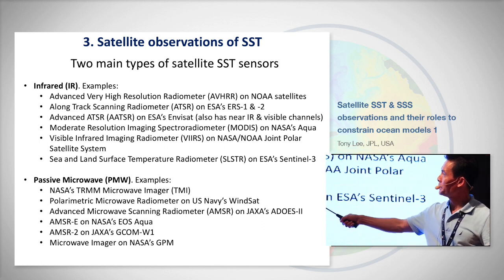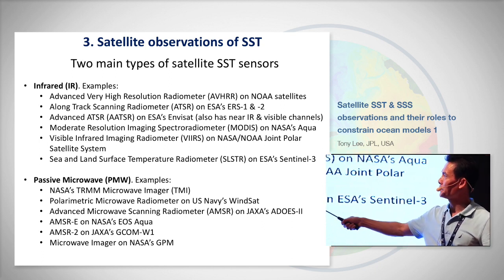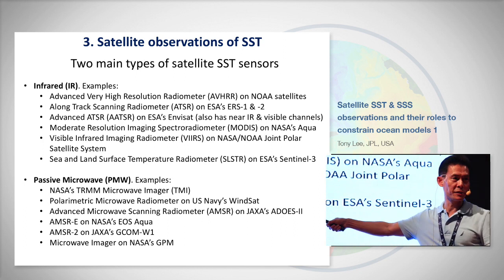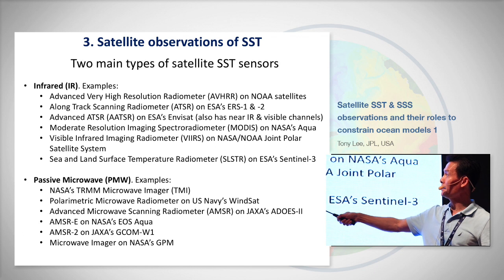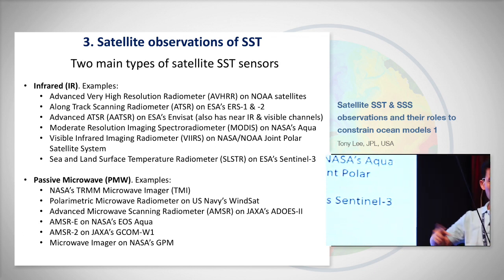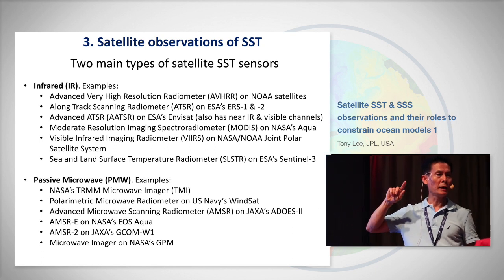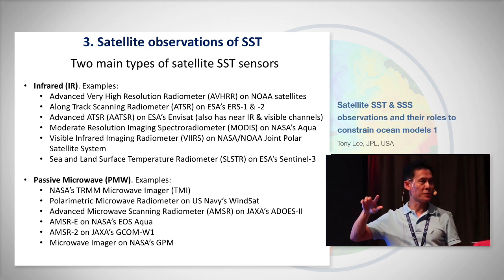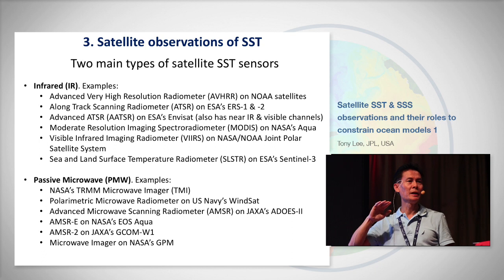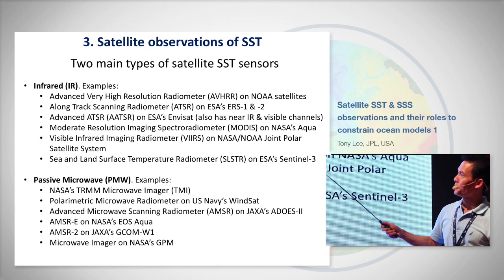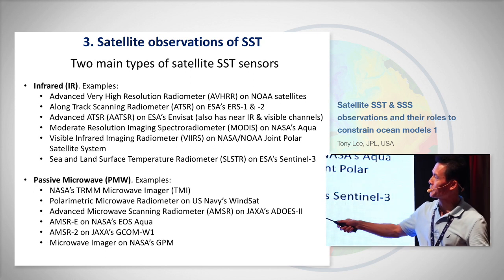And then ESA has the Along Track Scanning Radiometer, ATSR, followed by the Advanced ATSR called AATSR. This is a scanning radiometer that provides multiple views, with very accurate measurements and very good internal stability. So it's a major advance in terms of infrared measurements.